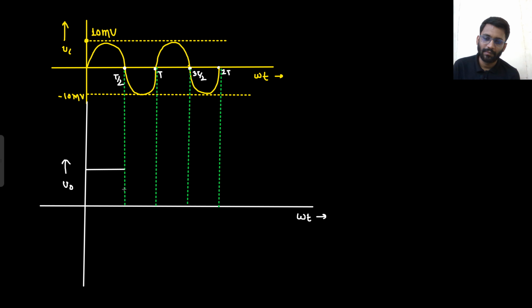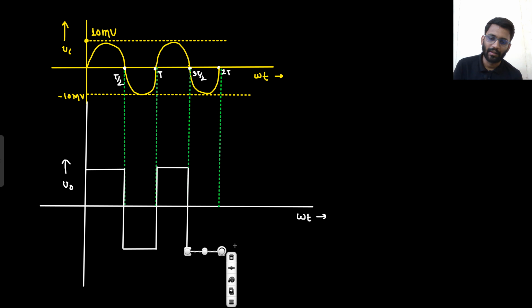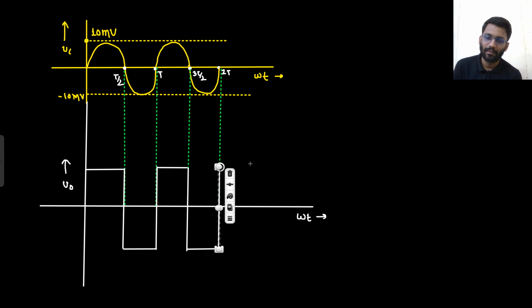Then it goes to minus Vsat, then plus Vsat again, then minus Vsat again, then from minus Vsat to plus Vsat again, and so on.